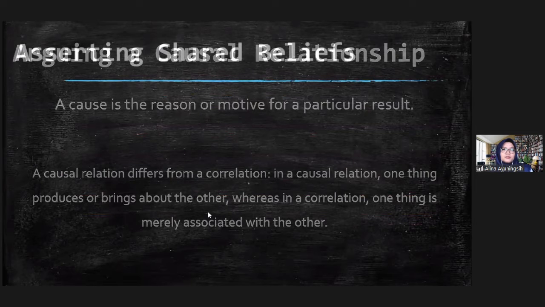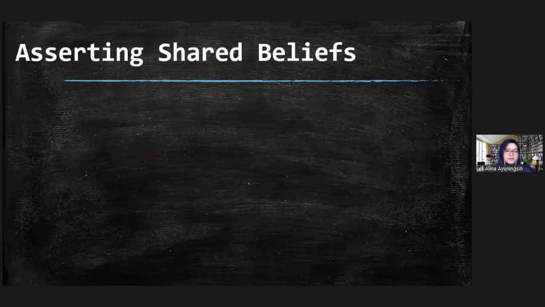And then shared beliefs. Asserting shared beliefs is basically like common knowledge, and mostly authors bring about religion.